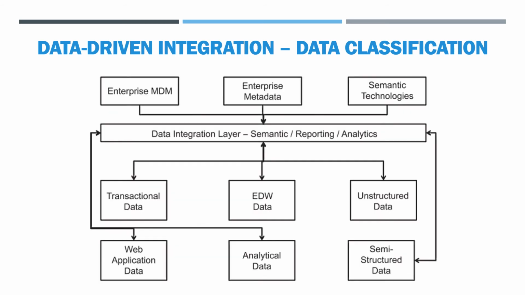Okay, the next one is analytics. This figure shows the analytics processing in the next generation data warehouse platform. The key architecture integration layer here is the data integration layer, which is a combination of semantic reporting and analytic technologies, which is based on the semantic knowledge framework, which is the foundation.